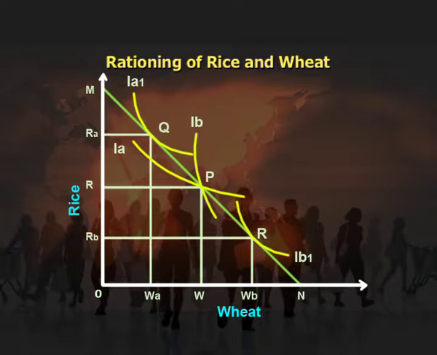In this situation, A will move from P to Q on the higher indifference curve IA1. Now, he can have ORA of rice plus OWA of wheat. Similarly, B will move from P to R on the higher indifference curve IB1 and can buy ORB of rice plus OWB of wheat. With the introduction of the liberal scheme of rationing, both the consumers derive greater satisfaction.